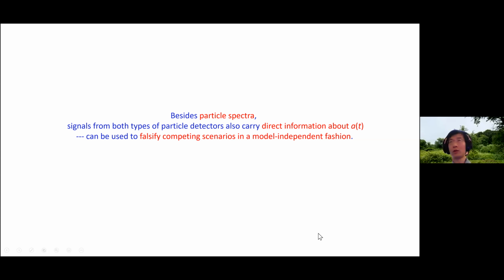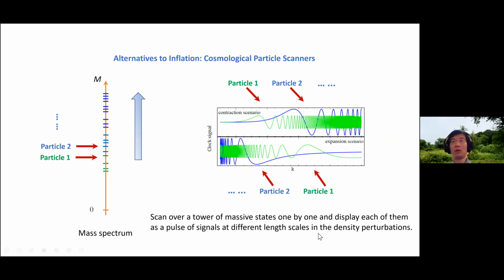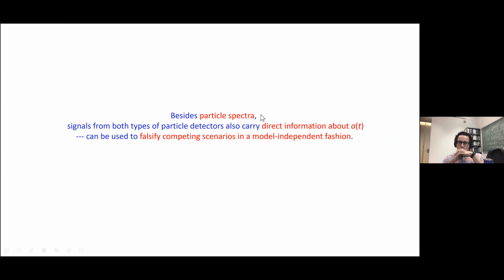Certainly, first of all, it's not. We're talking about distinguishing them in several different cases. For example, for this alternative scenario, besides the particle contents that we mentioned, this kind of signal also carries direct information of a(t), because the oscillatory behavior is a characteristic of that background expansion.